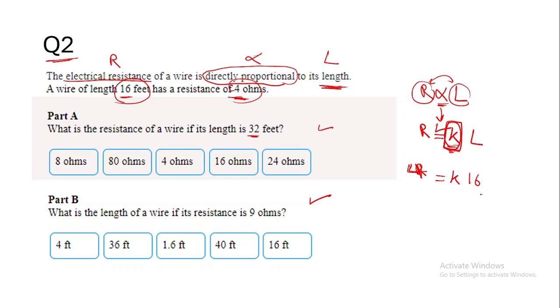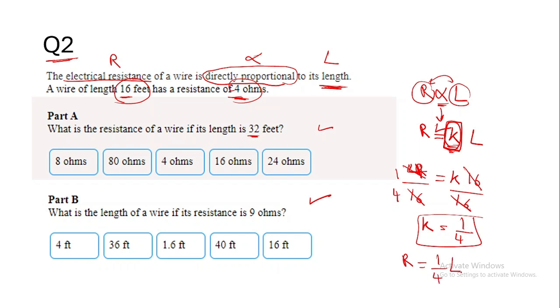To get k, we have to divide this side by 16 and 4 by 16 also. So 4 by 16, 4 by 4 equals 1, 16 by 4 equals 4. So k will be 1 over 4. Once we get this, the new equation is R equals 1 over 4 L.